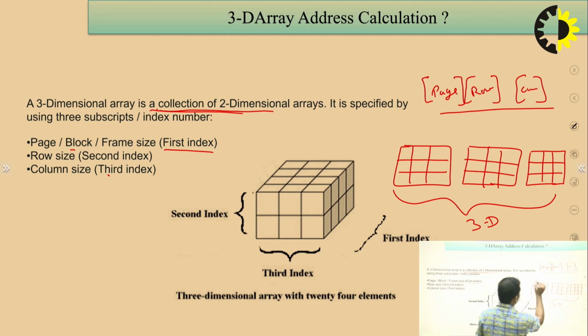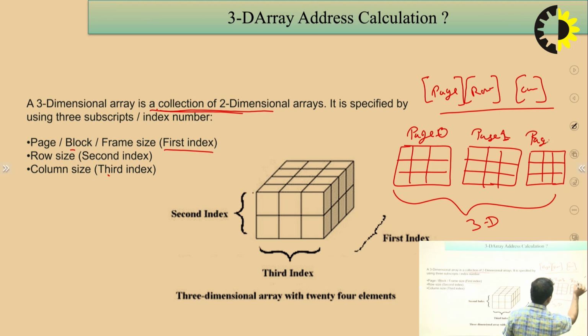We call the first 2D array page number 1 or page number 2. If we start the subscript from 0, then this is page number 0, this is page number 1 and this is page number 2, or frame number 0, frame number 1, frame number 2, we can also say. So how to calculate the address in this situation?